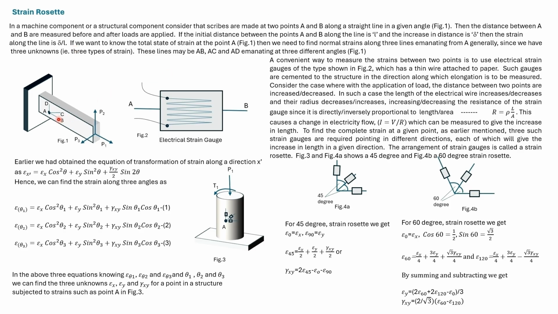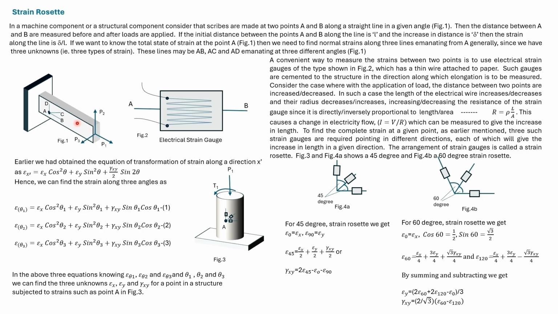In order to know the strain at a given point such as A, we need to know epsilon x, epsilon y, and gamma xy. So we have three unknowns.